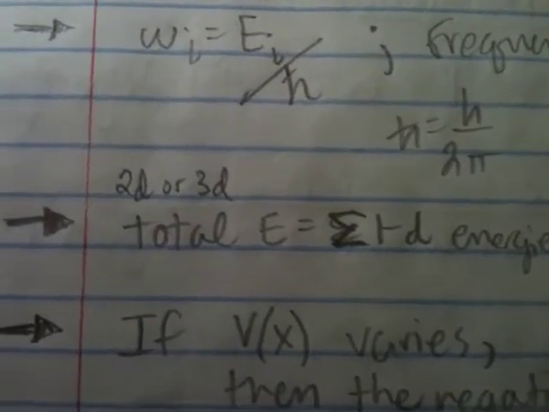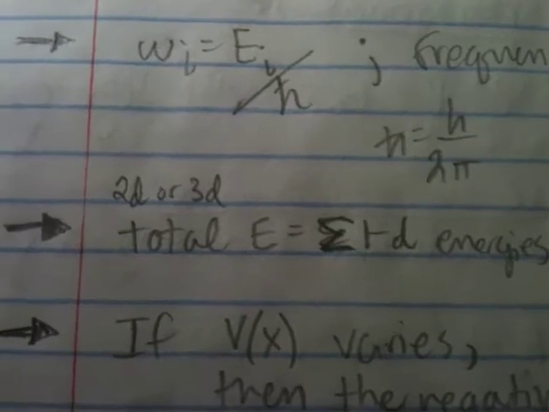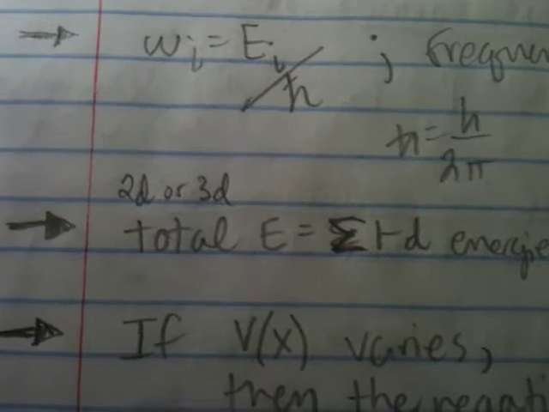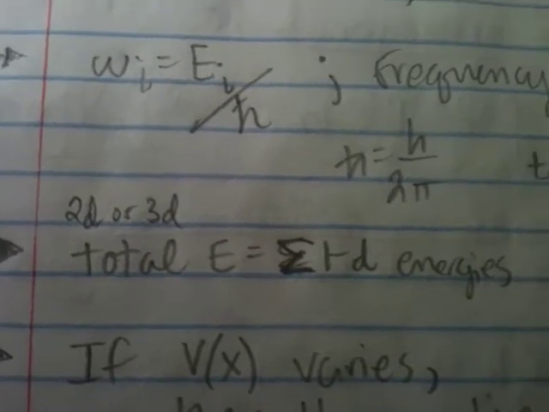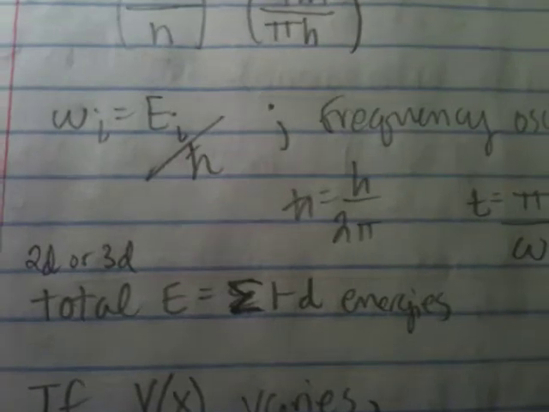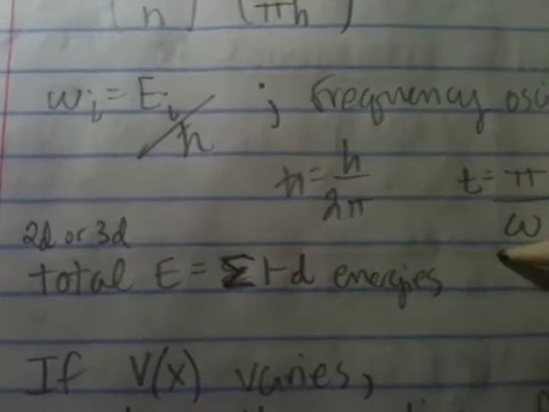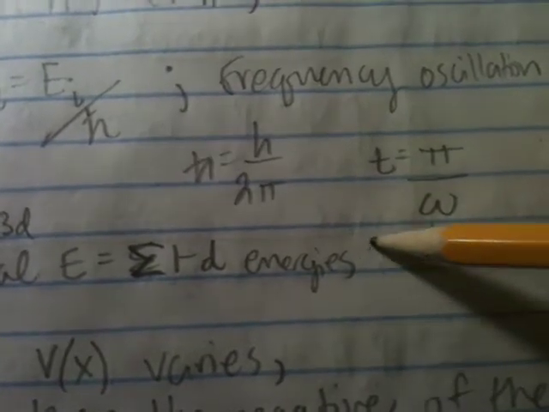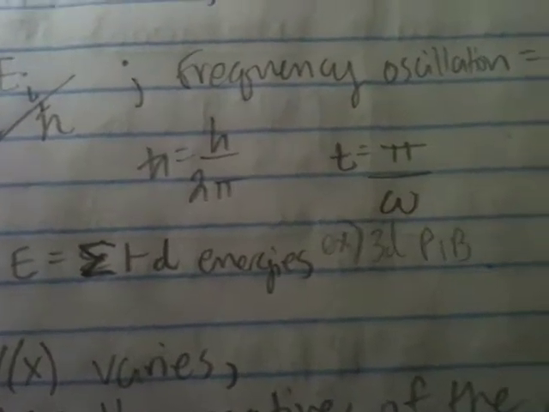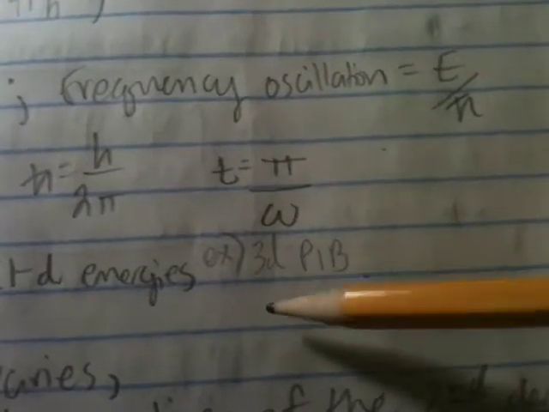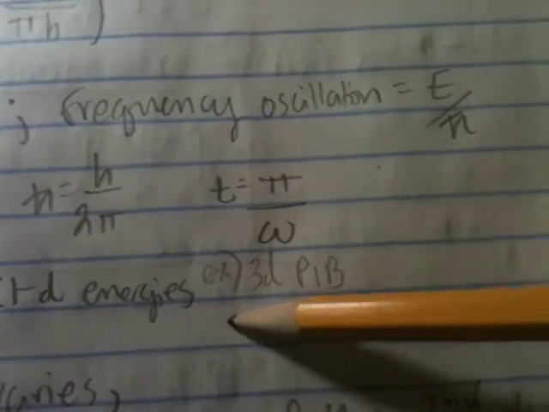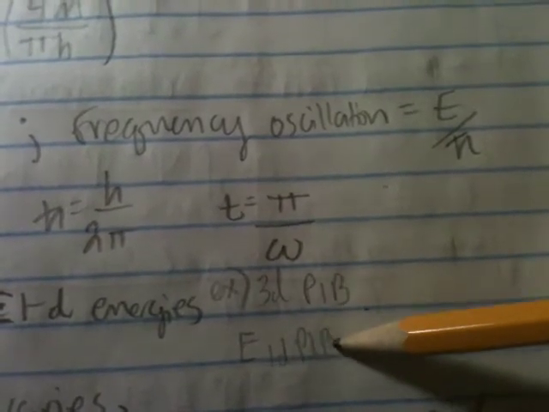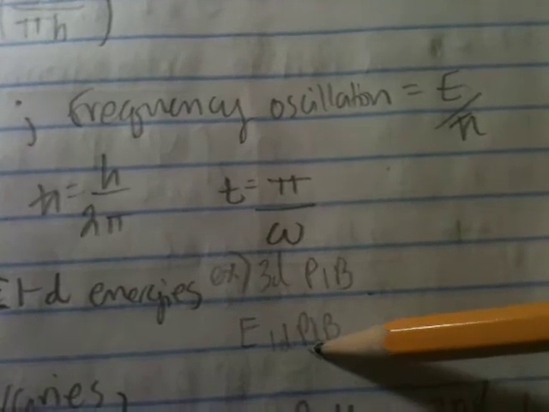Second point on this page. The total energy of a 2D or 3D system, a wave function, will be the sum of the 1D energies. So if we were given, for example, a three-dimensional particle in a box, you have the energy of a 1D, let's say in the x.